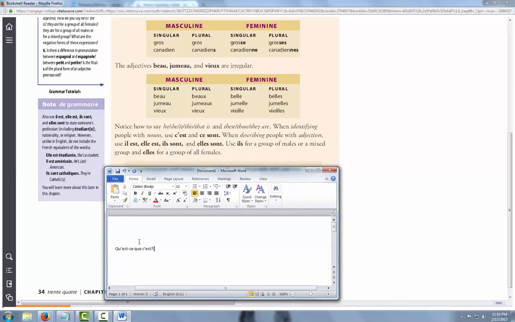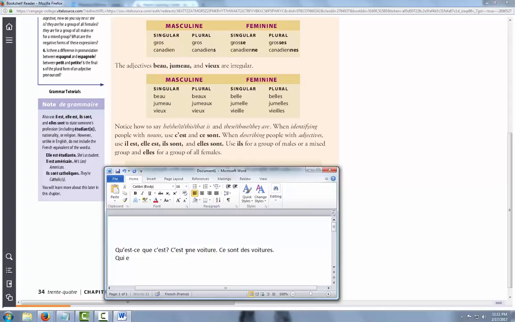That means, what is it? Your answer is going to be about an object. So you can say, c'est une voiture, for example, it's a car. If you have several objects, you can say, ce sont des voitures. These are cars, or that's cars, okay?